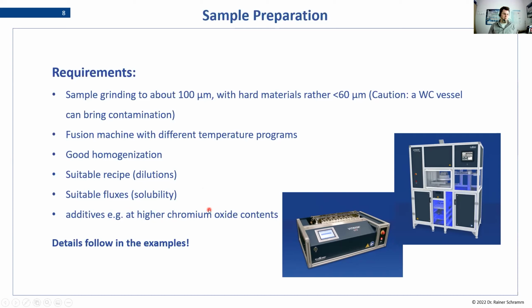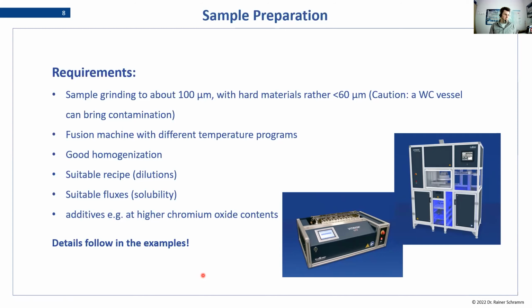Some of you will probably know that when there is a lot of chromium in your fusion, you get this nice green color of the fusion and the bead, but you also get a lot of cracking and breaking, because the chrome doesn't like to be dissolved in tetraborate, and it will create tension in the glass. Additives are a way to counter that and still get a nice fuse bead that doesn't break into 100 pieces when it's finished. And we'll talk about the details in the examples at the end.